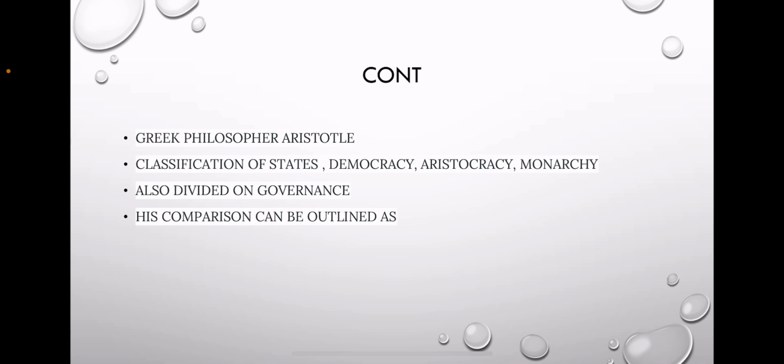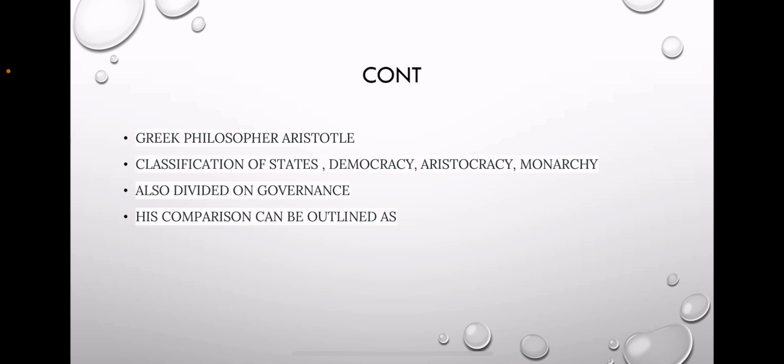So there are discussions on his formation of research problems, and after choosing the problem he collected the data. The third is that he analyzed the data in a very scientific way.